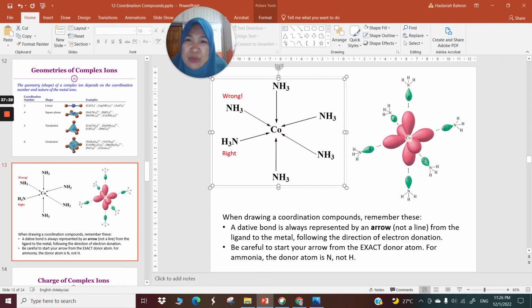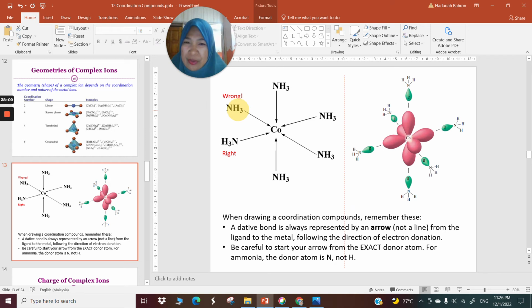But sometimes students, and sometimes lecturers too, are so used to writing ammonia as NH3. And they draw it like this. So when they draw NH3 like this, the arrow comes from the hydrogen, which is wrong. You have to consciously write your ammonia as H3N, like this, so that N is connected to the cobalt.